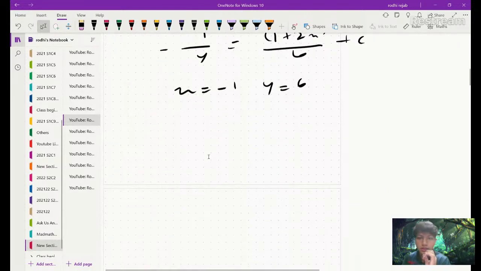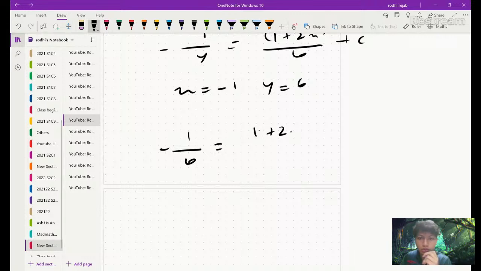So nak cari c, kita masukkan x and y dalam equation. So we will get negative 1 over 6 is equal to 1 plus 2 negative 1 cube over 6 plus c.